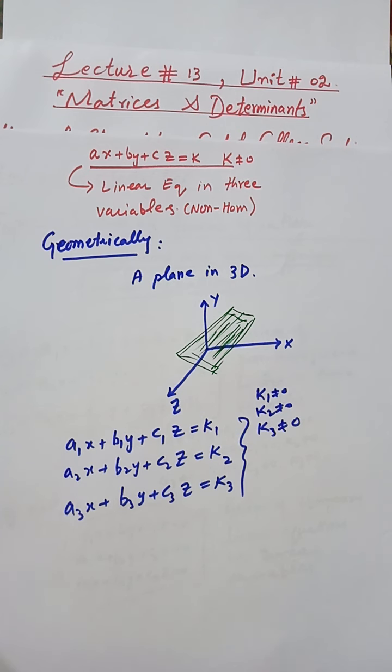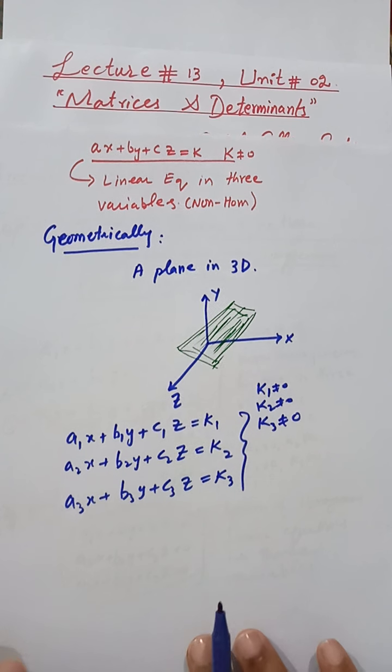So this is a system because you combine three equations, you write them collectively. This system is a system of non-homogeneous linear equations in three variables. So we can find its solution.